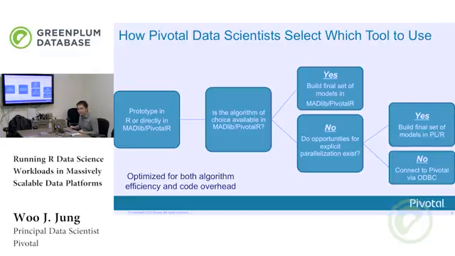And once we're at a point in the development cycle where we have a pretty good idea of which algorithm we want to use for the final set of deployed models, we can then ask ourselves whether the algorithm of choice, let's say a decision tree or a random forest, is available in MADlib or Pivotal R as a module, right? If so, then our recommendation would be to go ahead and build those final models in MADlib or Pivotal R. But there are scenarios in which the answer to that question is no.